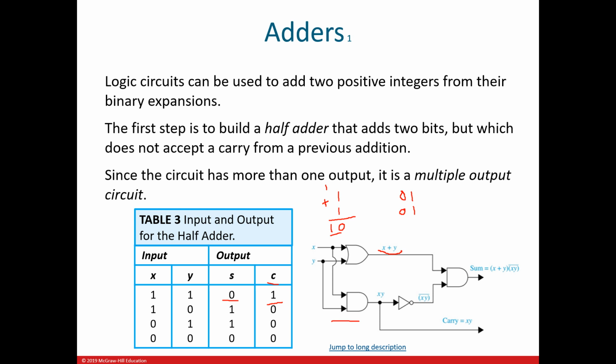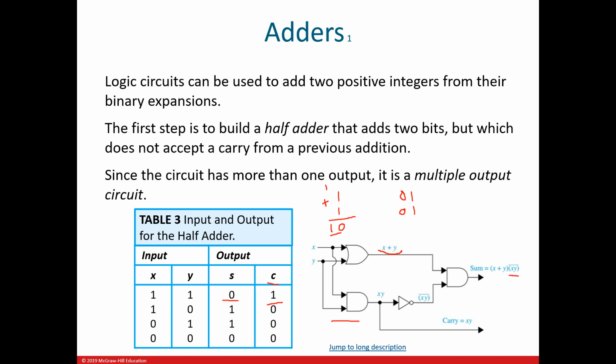The OR gate will give us 1 1 1 0 and we want 0 here. So we are taking the complement of xy. Whenever the carryover is 1, the summation is going to be 0, but in all the other cases the summation is 1.